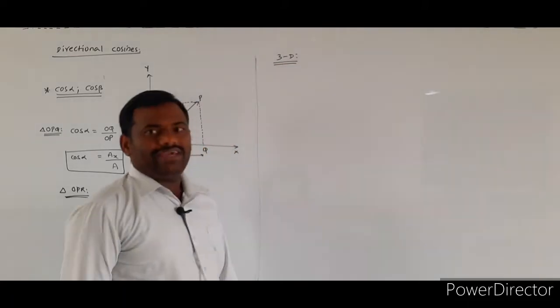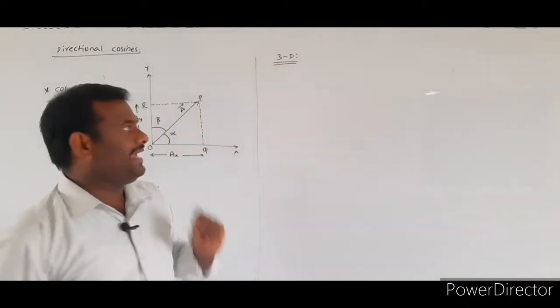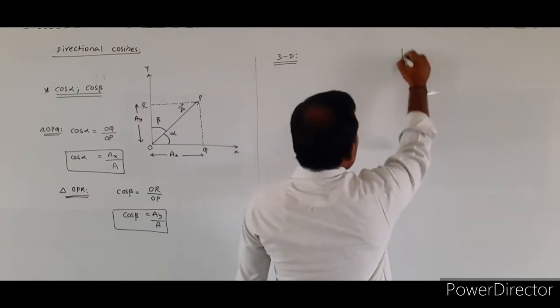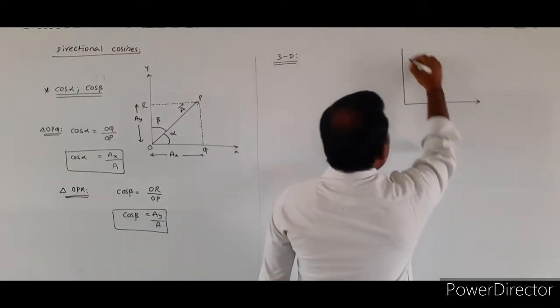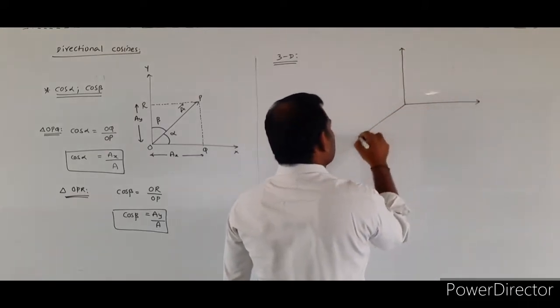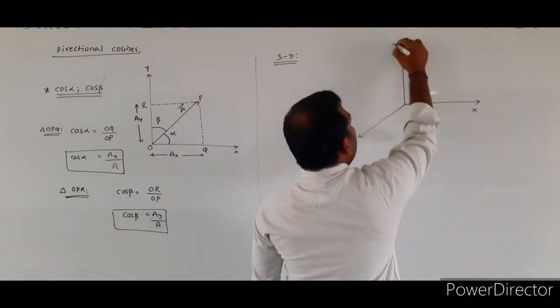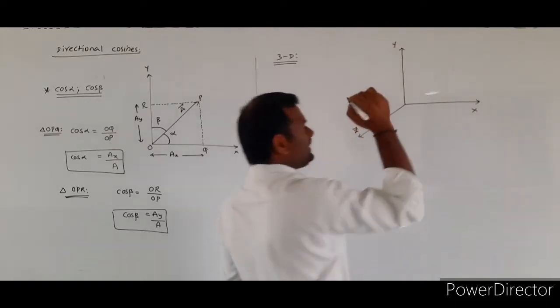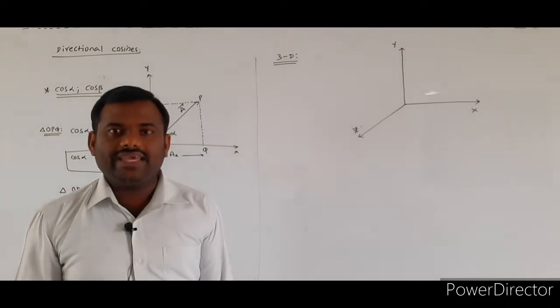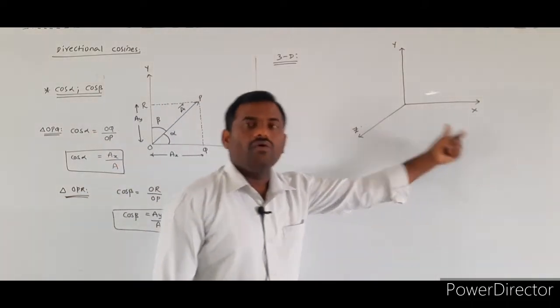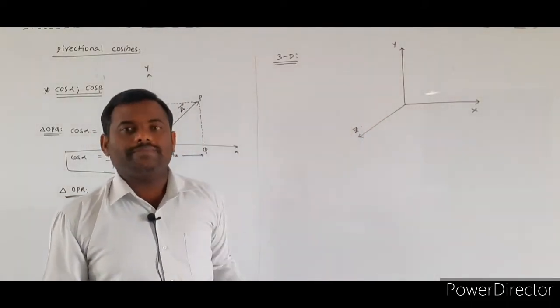Now coming to the three-dimensional plane. Which plane do we consider here? The three-dimensional plane. In the three-dimensional plane, we consider three different axes: the x-axis, y-axis and z-axis respectively.